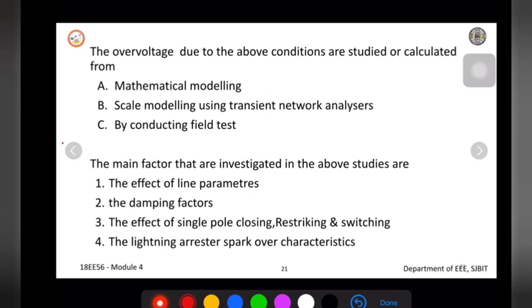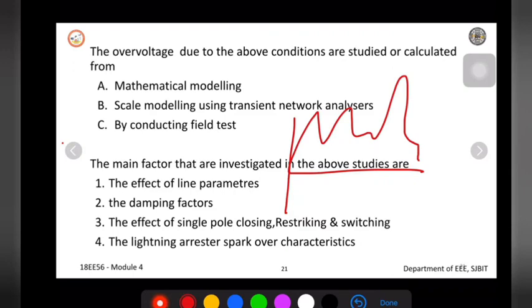Like, what happens when you connect a series capacitor, what happens when you connect a shunt reactor on the magnitude and the duration of a transient. If I add any resistor, any capacitor or any reactor, what happens to the magnitude and duration of the transient, whether it will increase or decrease. Obviously when I say over voltage, you'll be having high magnitudes.